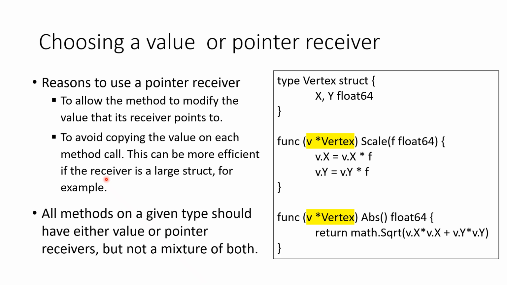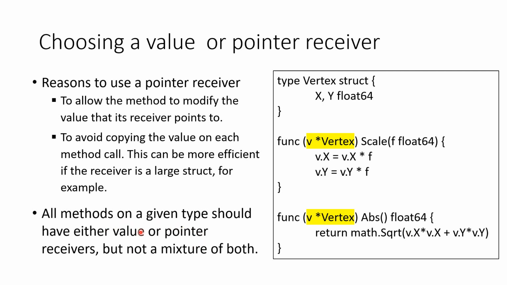In general, all methods on a given type should have either value or pointer receivers, but not a mixture of both. In this example, both methods scale and abs are with receiver type pointer to Vertex, even though the abs method doesn't need to modify its receiver.